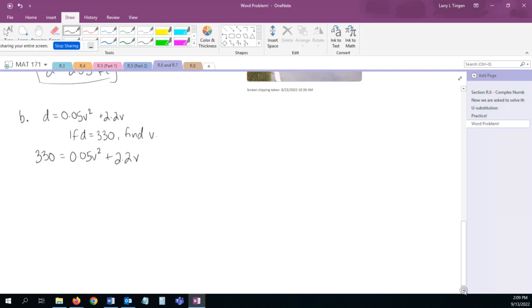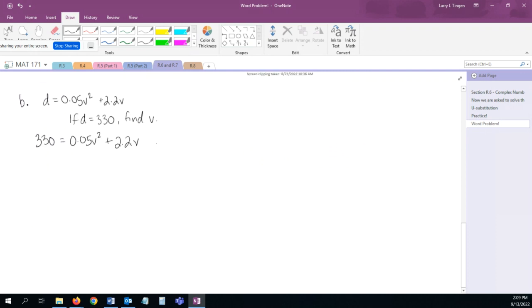And solve. That's a quadratic. All three terms are there. So I'm going to get everything on one side by subtracting this 330. And I'm going to find out that 0 is equal to 0.05 v squared plus 2.2 v minus 330.